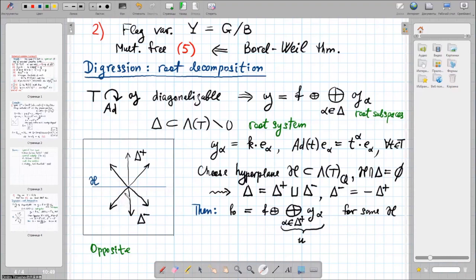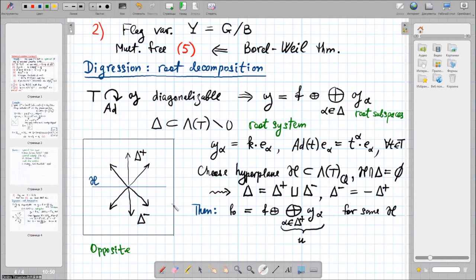It is symmetric with respect to 0, and this means that any hyperplane of this form, containing no roots, subdivides the root system in two mutually opposite parts.